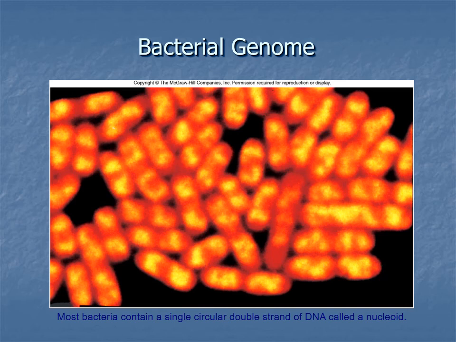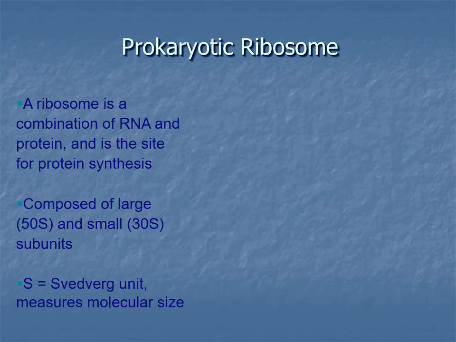And you can see that most bacteria contain a single circular double strand of DNA called a nucleoid. Prokaryotic ribosomes. A ribosome is a combination of RNA and protein and is the site of protein synthesis.